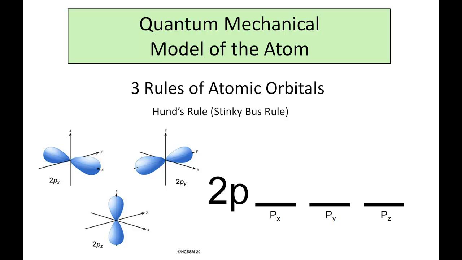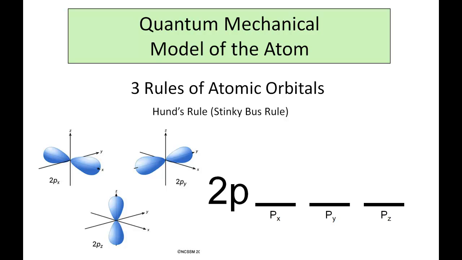The third rule of atomic orbitals is Hund's rule, or what I like to call the stinky bus rule. This essentially tells us that electrons will go to equal energy orbitals until they all have at least 1 electron in them, then they will go back and counteract spin. Here's an example. In the 2p sublevel, we have 3 orbitals, the px, the py, and the pz.